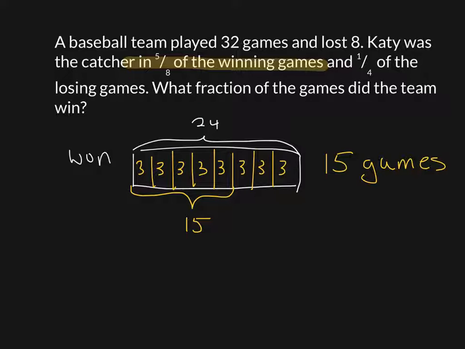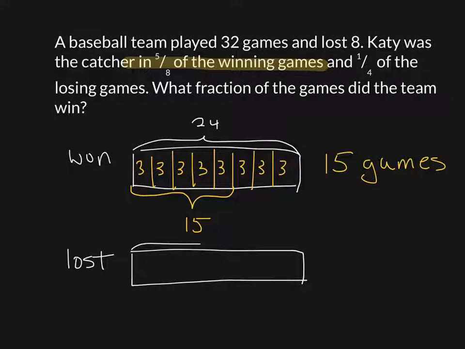Now, the second part is, of course, we have to find out how many of the losing games she played in. So I'm going to need a tape diagram for that. And of course, my total for the losing games is 8. And I'm going to want to divide that into 4 parts because 1/4 of the losing games is what she played catcher in.